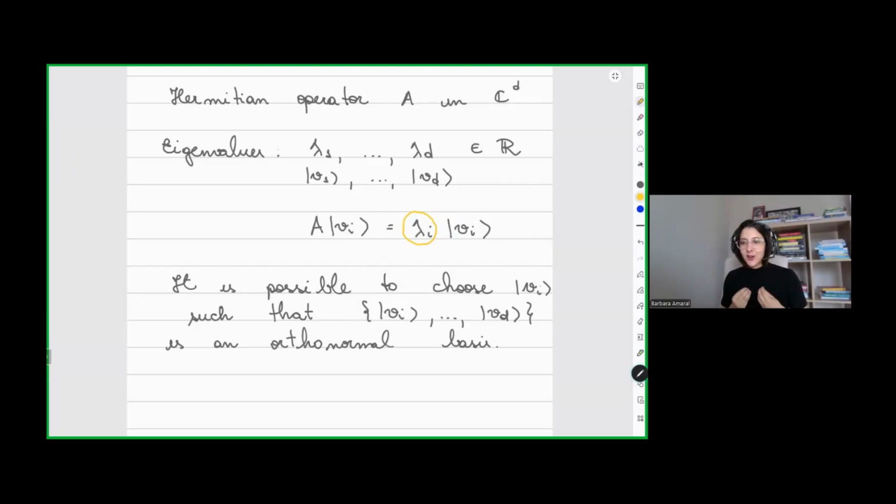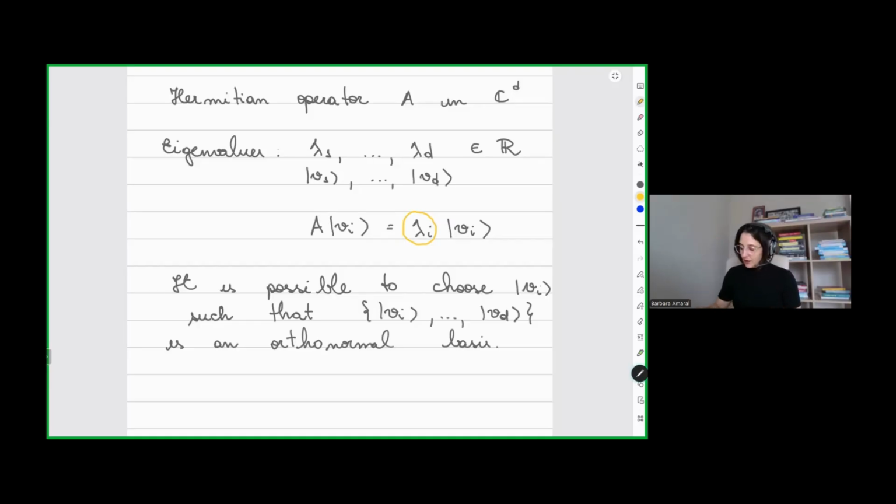Because here we are talking about information, and information is about distinguishing symbols or outcomes. So the actual value of the lambdas is not going to play a major role for us here. You will see that I will just completely ignore the value of the lambda, and for me the only important thing is how many different values I have.